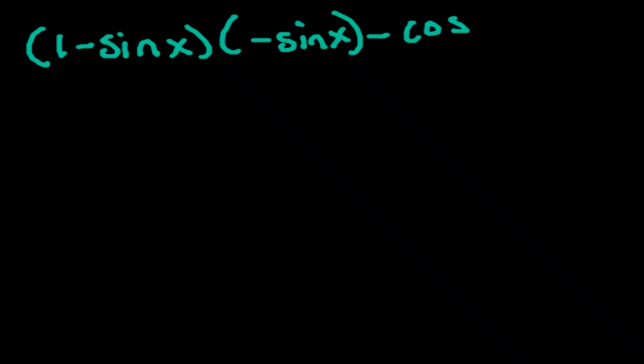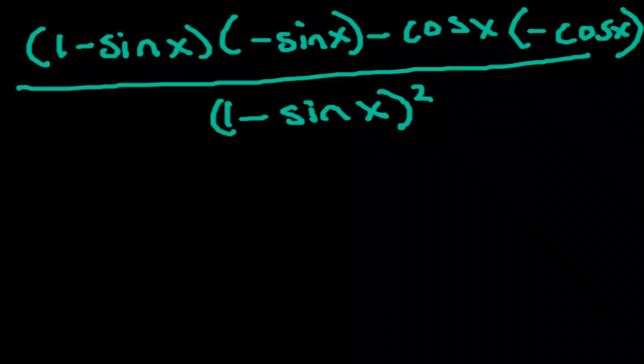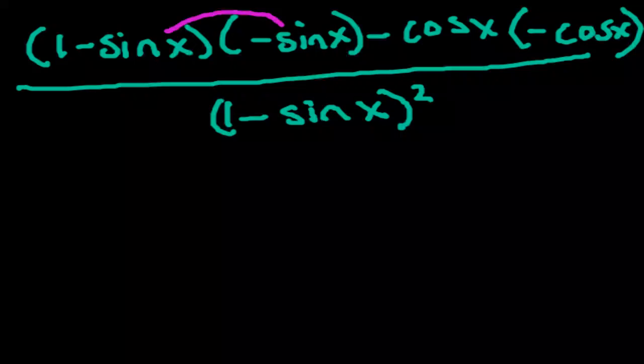Minus cosine of x times negative cosine of x, all over 1 minus sine of x, all squared. So this first section, 1 minus sine of x times negative sine of x, we can simplify by multiplying that negative sine x to each term here.